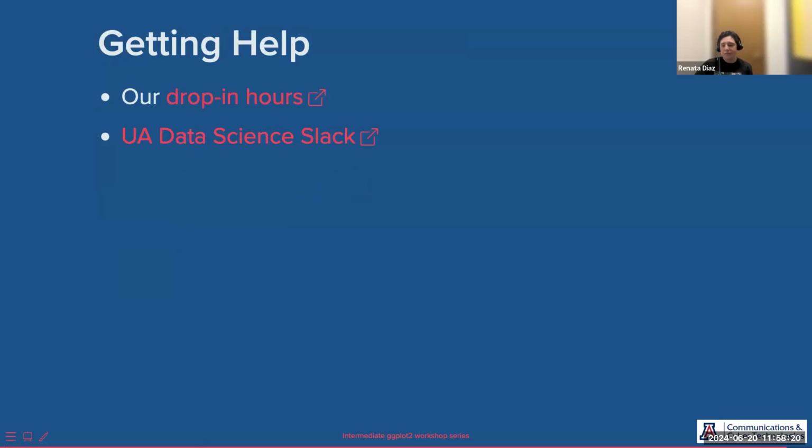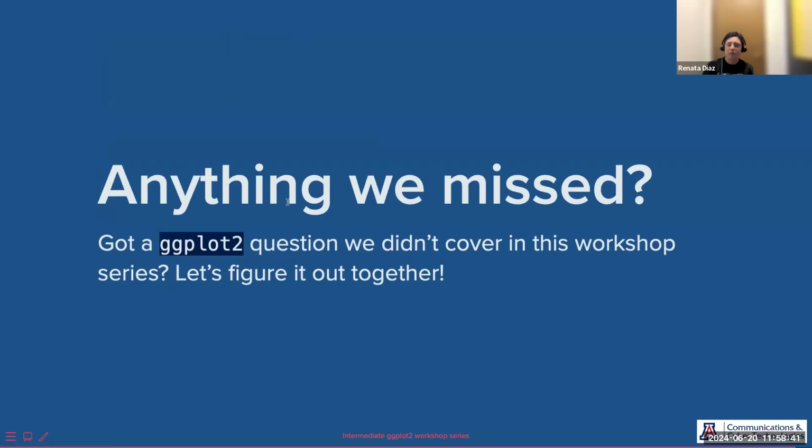Our group is also available to help you work through stuff like this through our drop-in hours, which happen from 9 to 10 on Tuesdays virtually. We're also active in the UA Data Science Slack community. And beyond that, next slide.